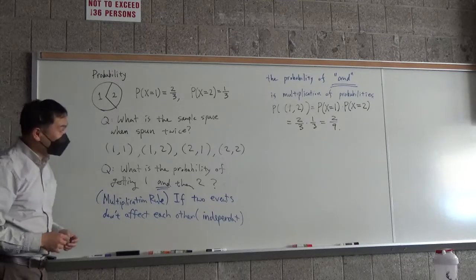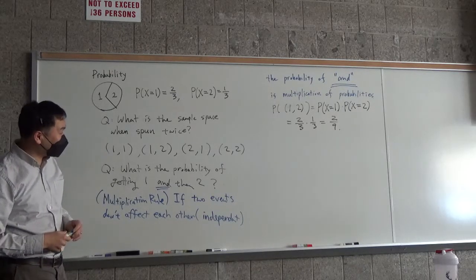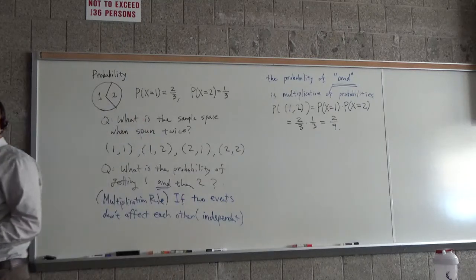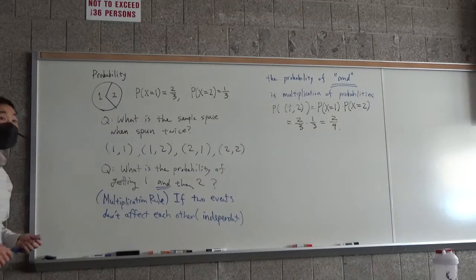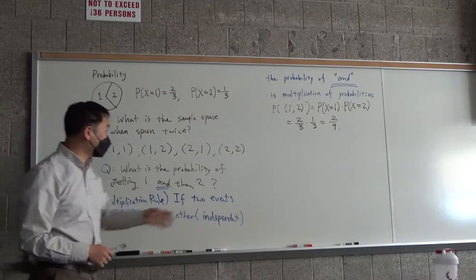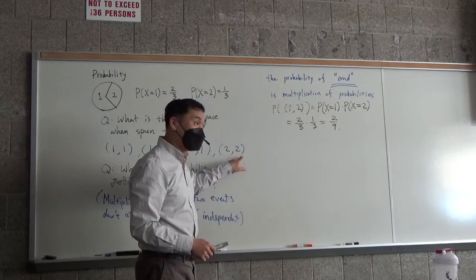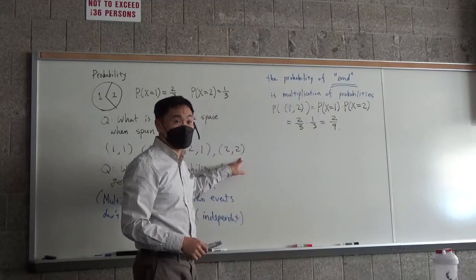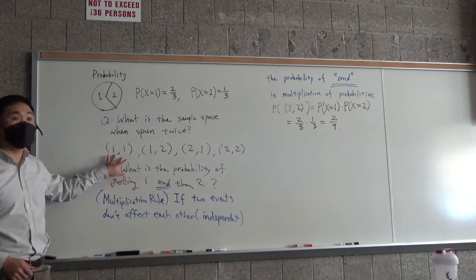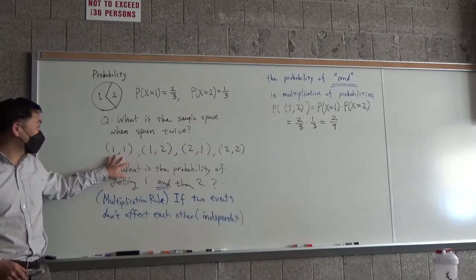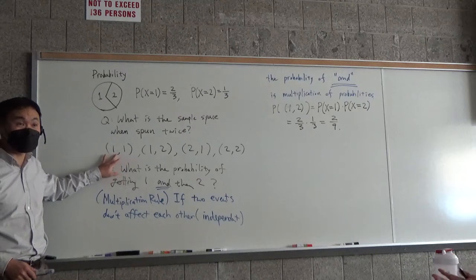All right, so seeing that, I want you to think about the probability of 2, 2. What's the probability of getting 2 and 2? Yes? 1/9, because getting a 2 is 1/3, another 1/3. They are independent, so you multiply them, you get 1/9, right? How about 1, 1? 4/9, yeah, right.